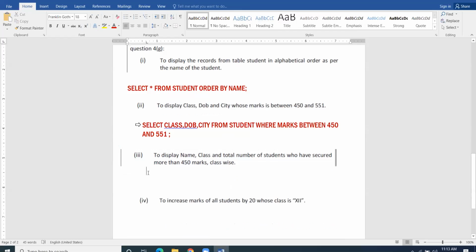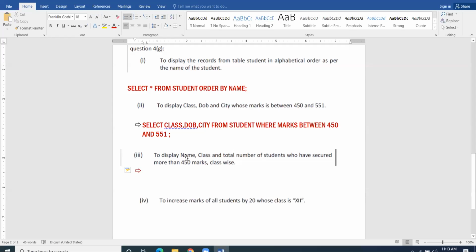Now see this command very carefully because here you are to apply group by clause. To display name, class and total number of students who have secured more than 450 marks class wise.